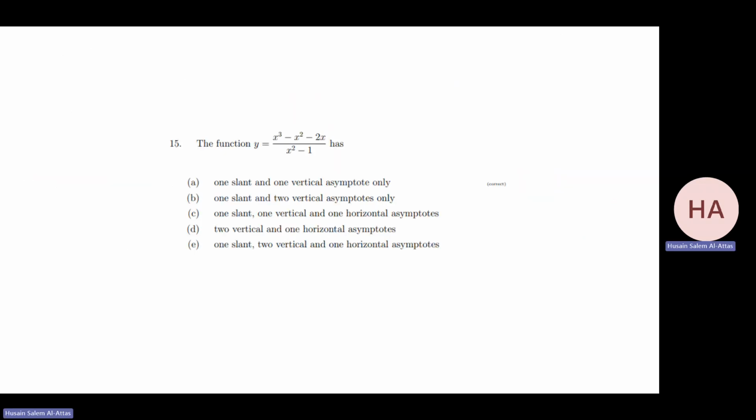A function has one slant, so I need to check the vertical, horizontal, and slant. Very clear. The degree of the numerator is 3. The degree of the denominator is 2. So for sure I have one slant, no horizontal asymptote. For the vertical, yes, I have x equals plus or minus 1, but I need to factor, because maybe there is some cancellation.